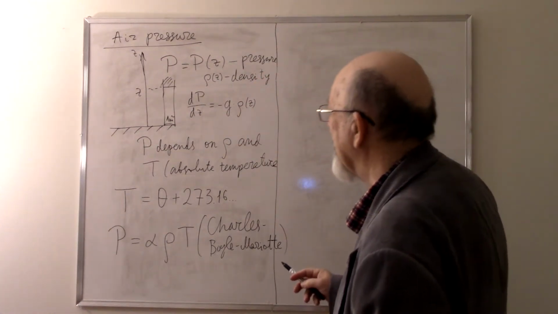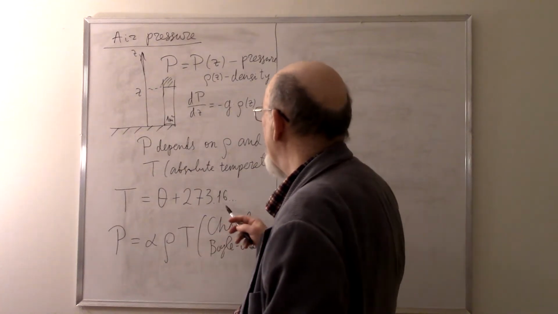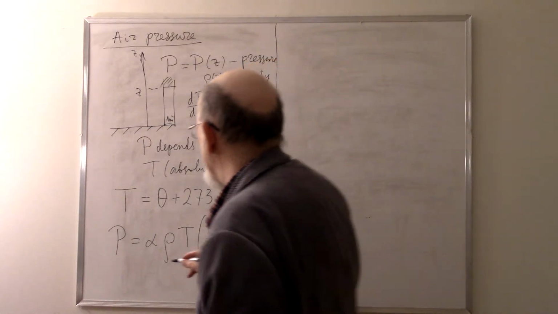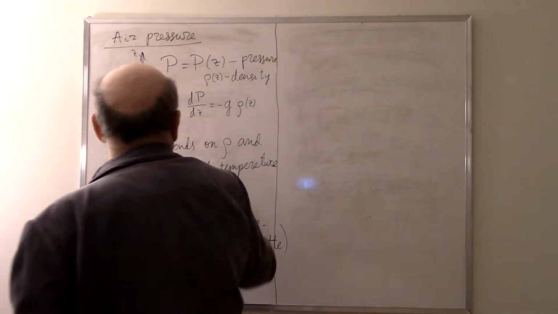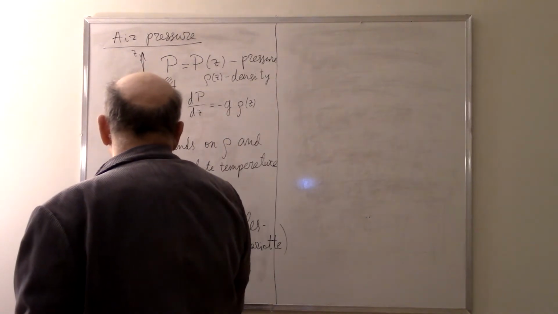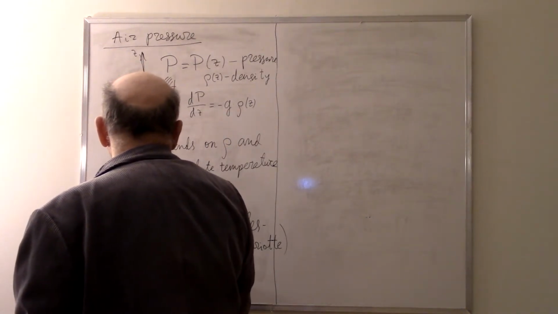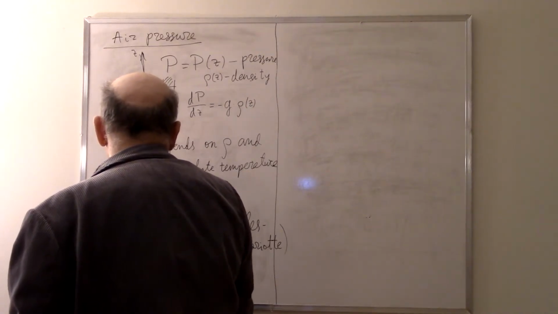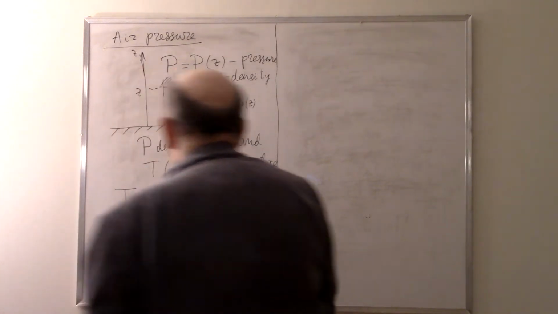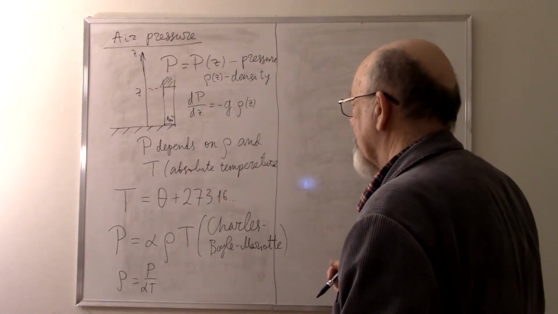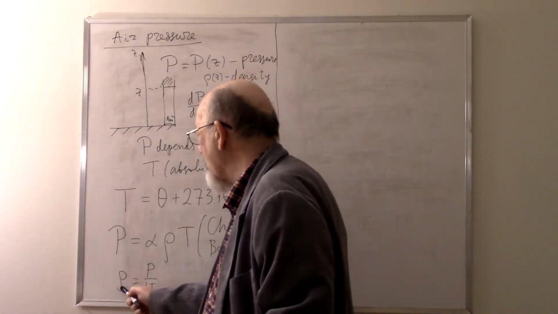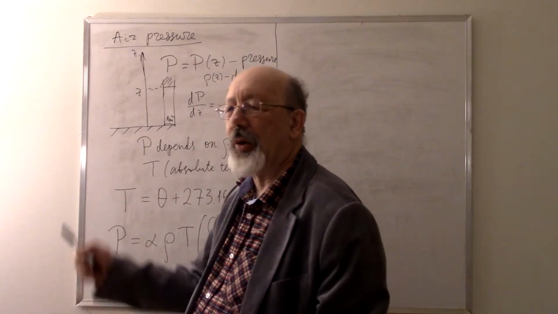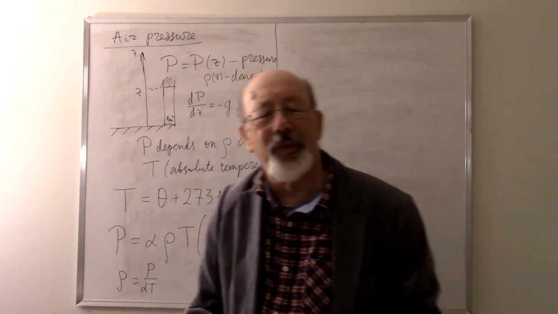Now from this equation we can write that rho, to substitute here, equals P divided by alpha T. Here, rho is a function of z, P is a function of z, and in general T is a function of z.